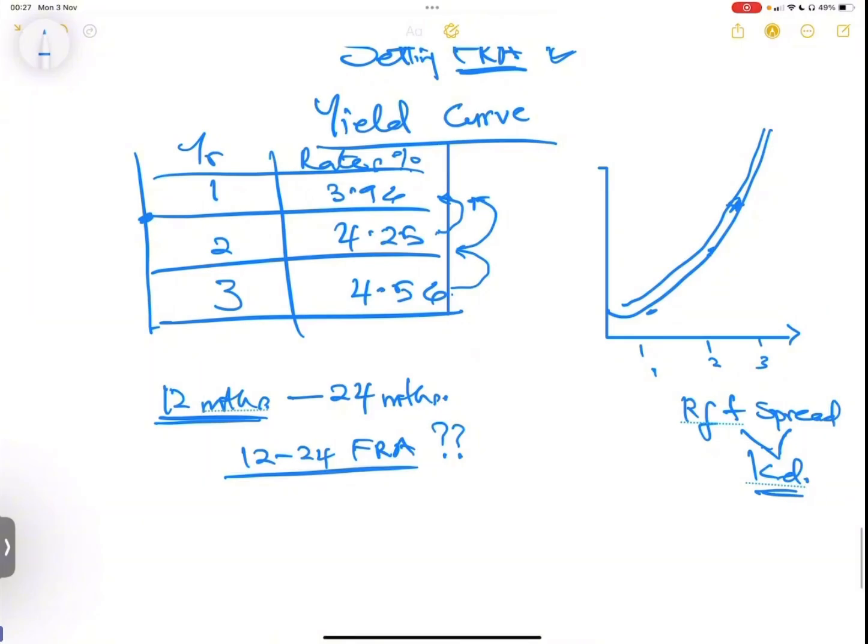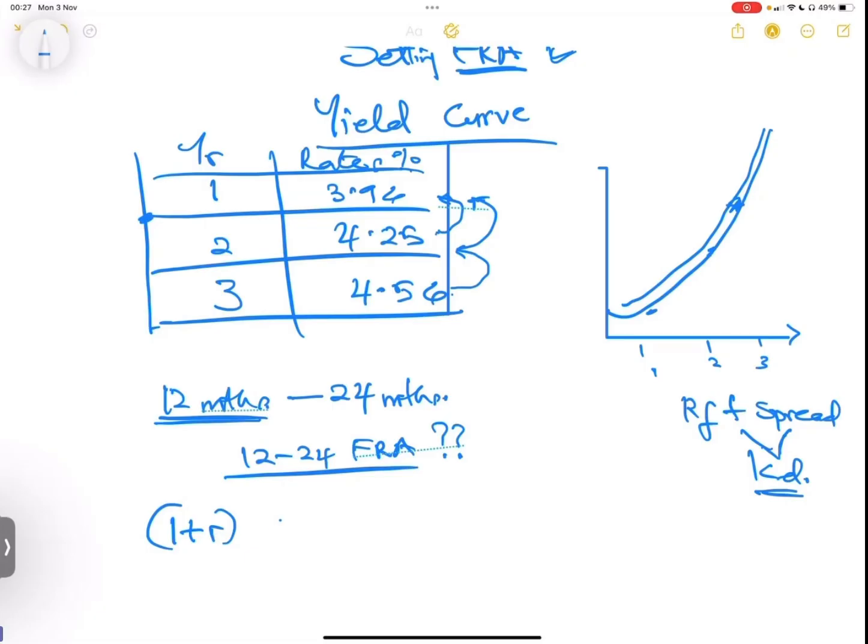So we're saying that this yield curve can be used to determine what the FRA will likely be, what the bank will set the FRA to be. How will they do it? The understanding is that 1 plus R is your normal interest rate, and you expect that this is for 1 year.